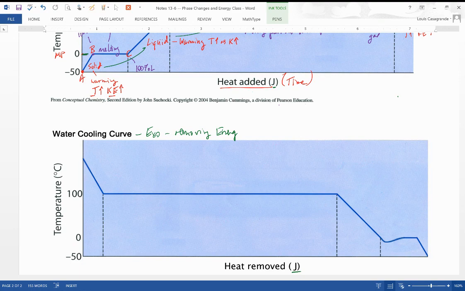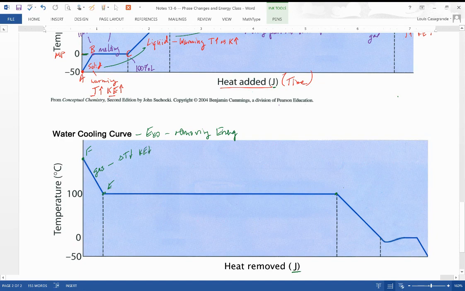So water cooling curve goes the opposite way. We'll start at F and go down to E. And so this is the gas phase. Between E and D, now since we're removing energy, so by the way, the gas phase, the delta T is negative, the T is going down, so the kinetic energy is going down.